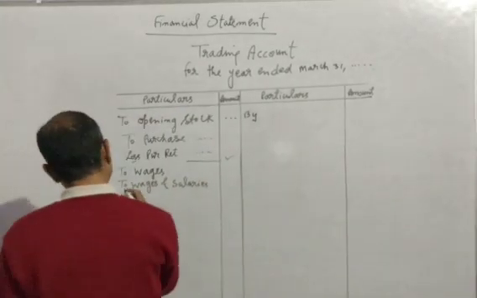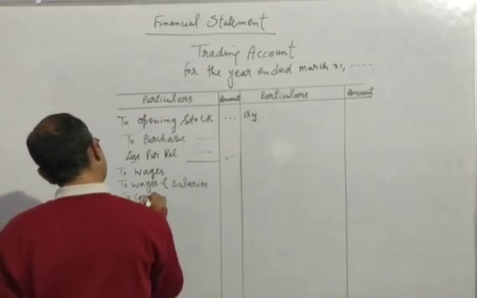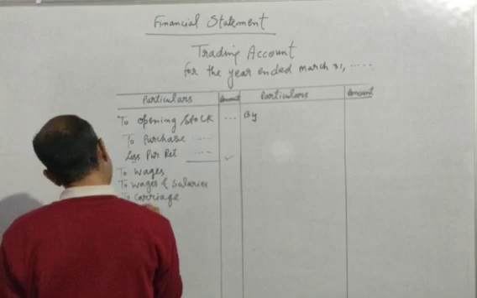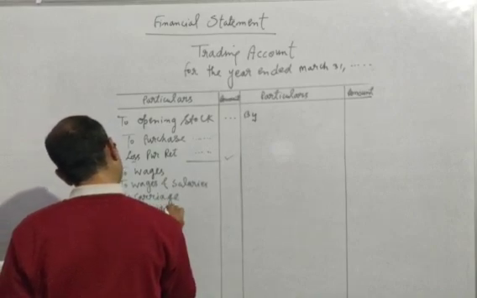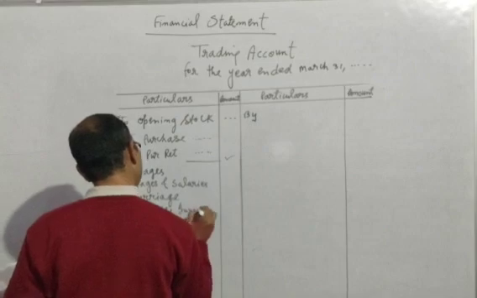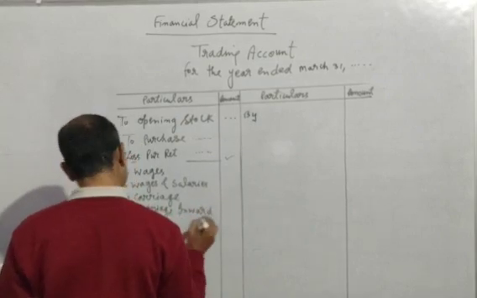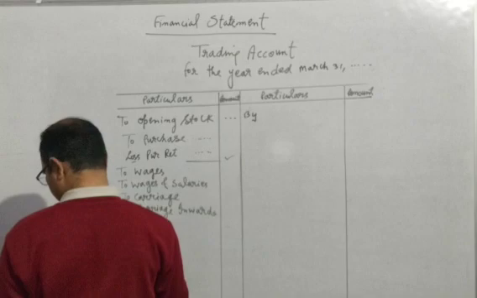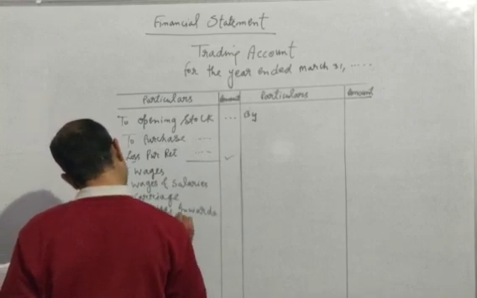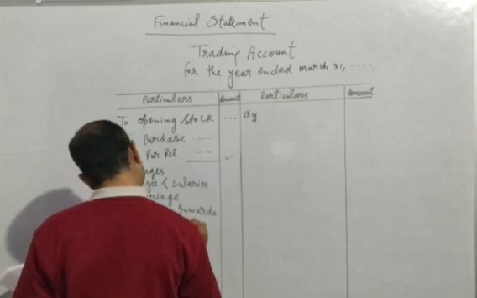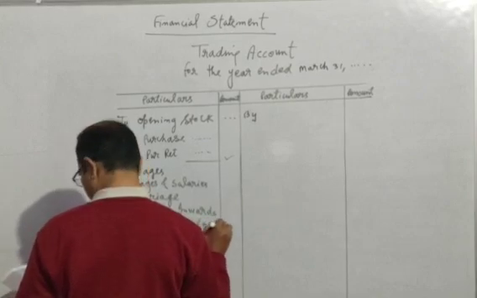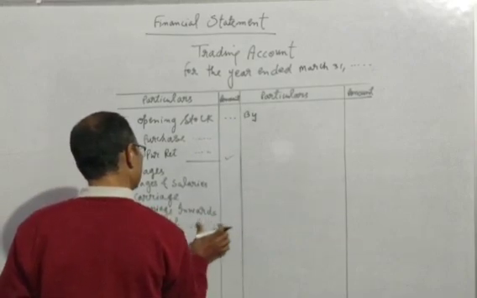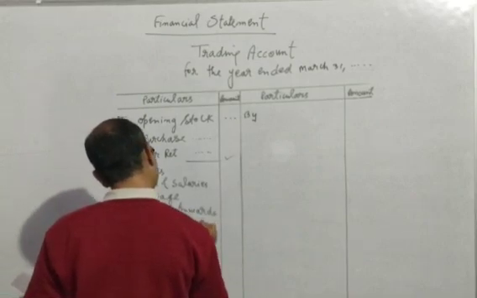Now we will see the other expenses. They are like this: carriage inward, gas, fuel and power.